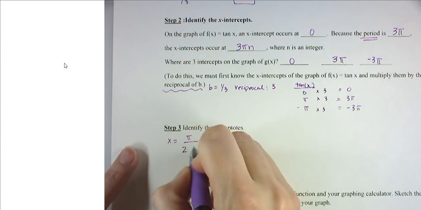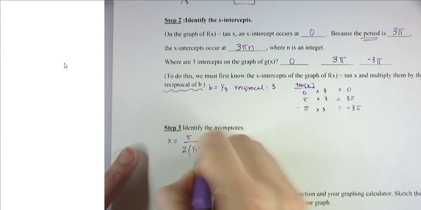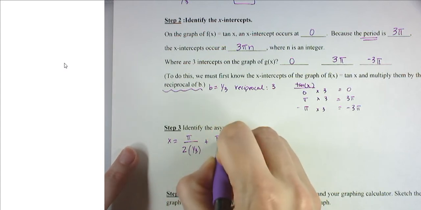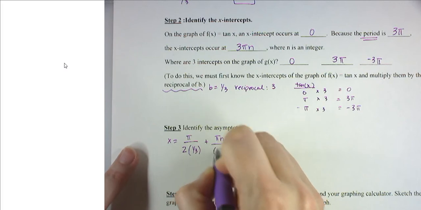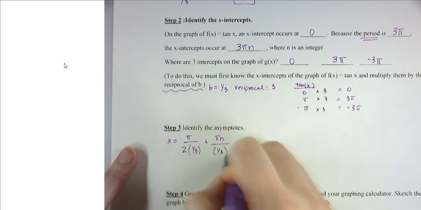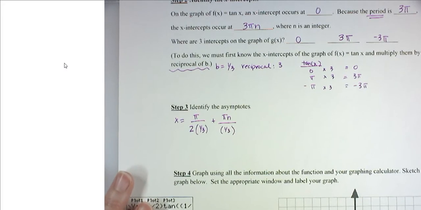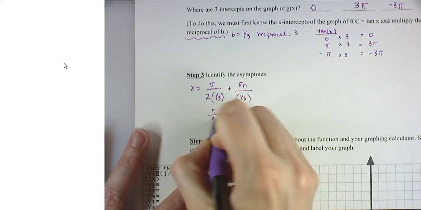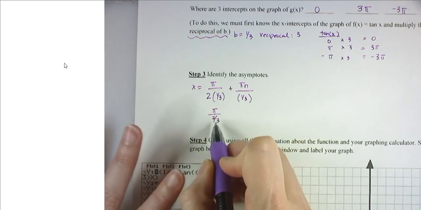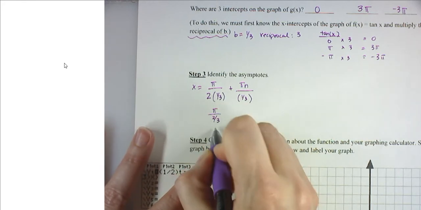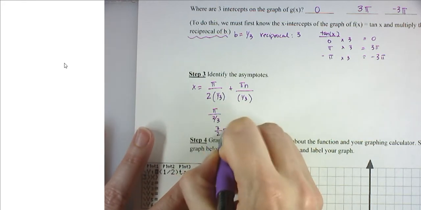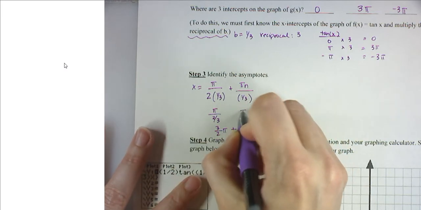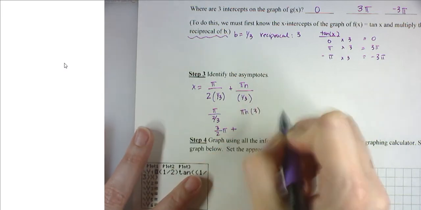Then we just have to simplify. So this is pi over 2/3, which you multiply by the reciprocal, so this would be 3 pi over 2, plus pi n times 3, which is 3 pi n. So we would say the asymptotes occur at 3 pi over 2 plus 3 pi n.